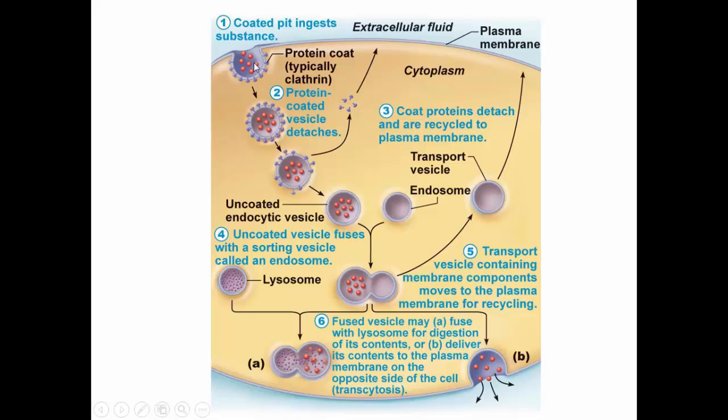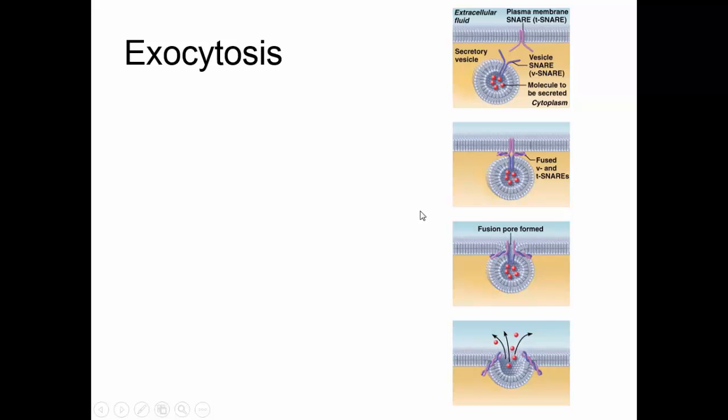This may be a case of transcytosis where the material was brought in, but it's going to go straight across the cell and come out on the other side. Or we may use some of this vesicle to go back up and make part of the plasma membrane. So there's a lot of different places that these vesicle pieces can go.